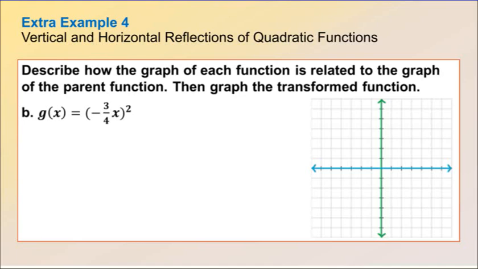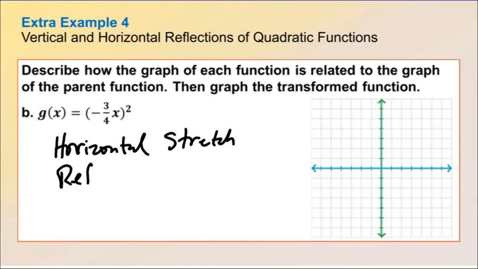Next, describe this one. It's in parentheses, so this is horizontal. The absolute value of -3/4 is 3/4, which is less than 1. So this would be a horizontal stretch. And it's reflected inside the parentheses, so it's reflected over the y-axis.